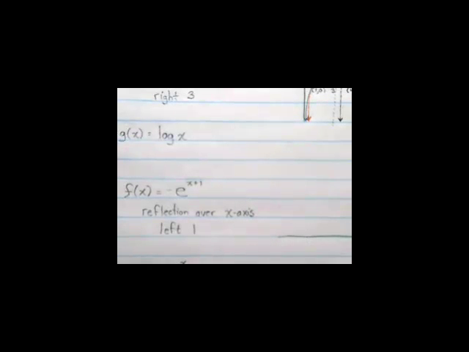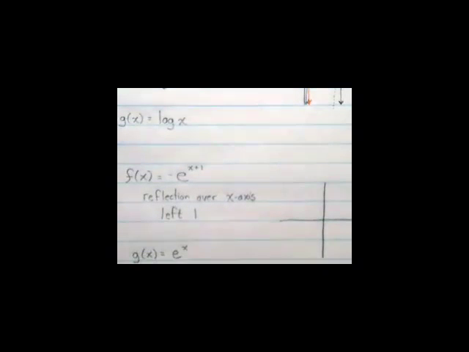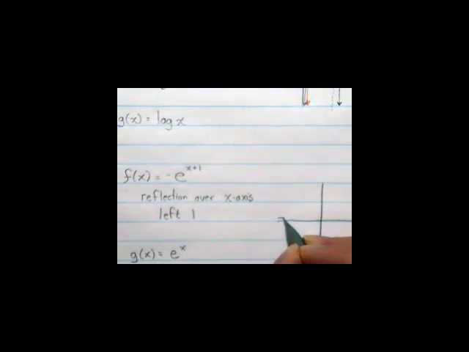So we want to sketch e to the x, do this stuff to it kind of like we did the last one. All right, now is e to the x a growth or a decay? It's a growth. So I have to draw an exponential graph, make it look like a growth. So that's going to be like this.